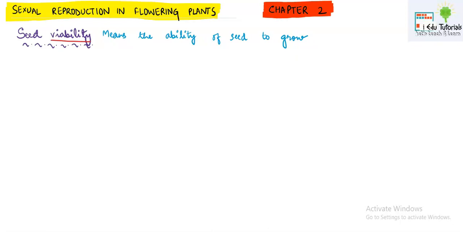You buy whole pulses from the market, you keep them stored in a box, and these seeds can germinate only for some amount of time. Till the time they can germinate, we will use the term seed viability, right? So the seed viability varies from one plant to another.